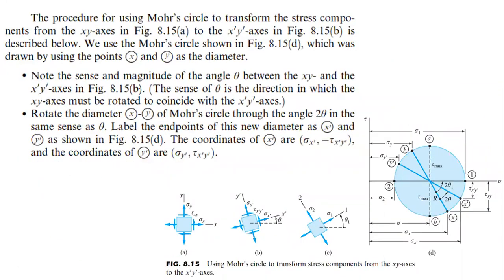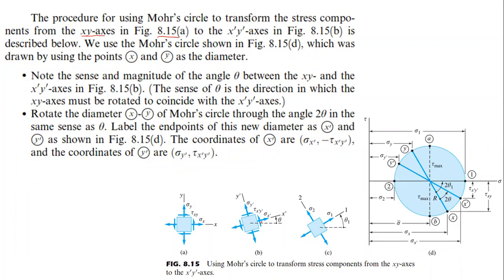So the procedure for using Mohr circle to transform the stress components from the XY axes in figure 8.15a, shown below, to the X prime Y prime axes in figure 8.15b.